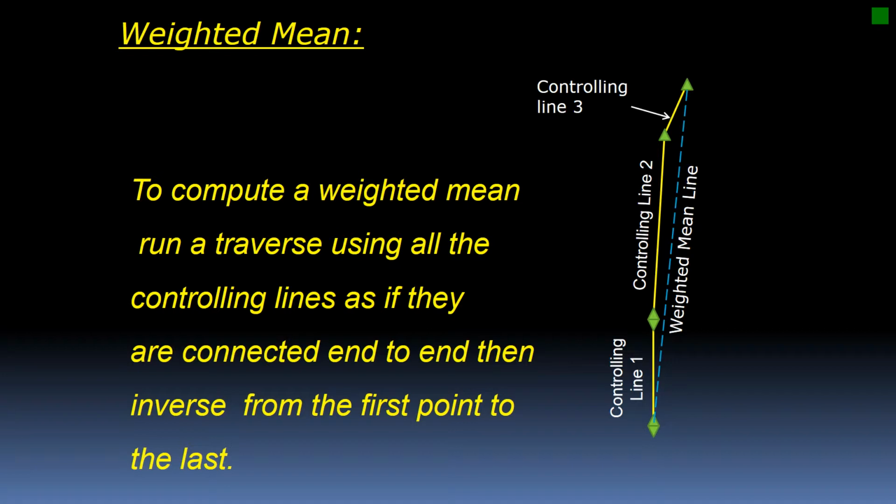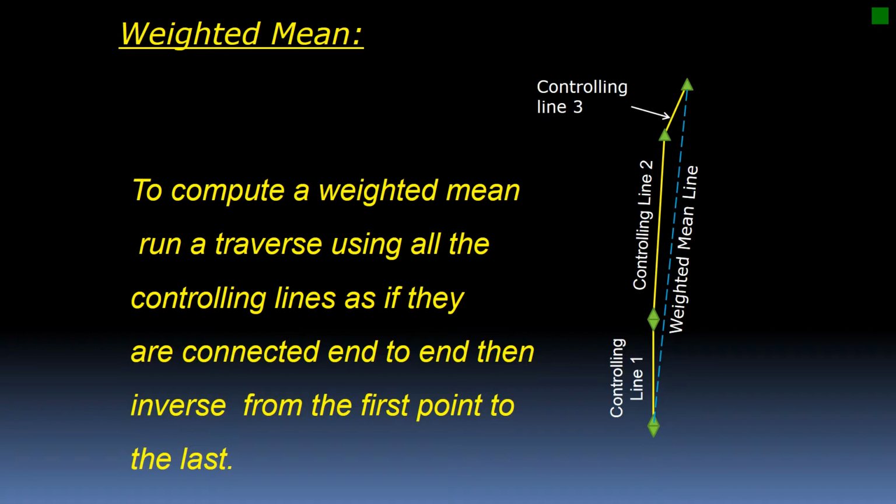Now we have a coordinate at the beginning of line number 1, and we have a coordinate at the end of line number 3. We're going to inverse between the two of them, and that's going to give us our weighted mean. So again, we assume a coordinate at the beginning of line 1. Then we're going to stack these lines on at the end of each other until we put them all together.